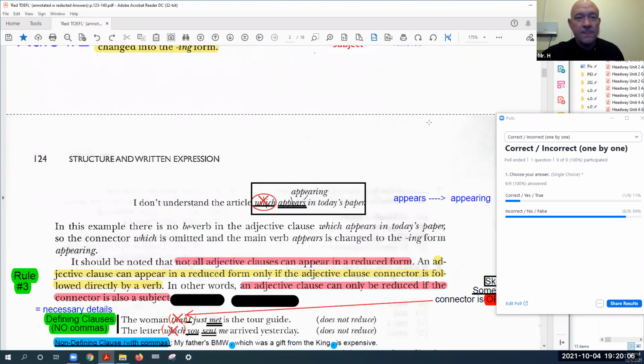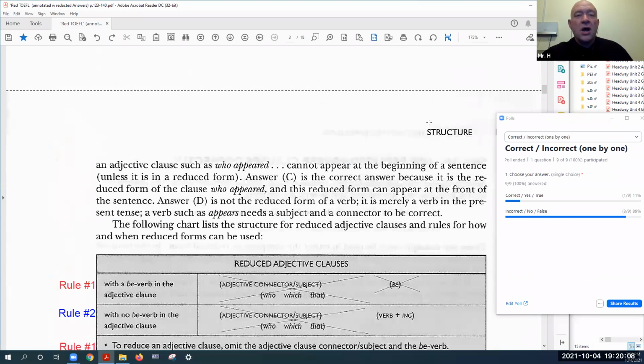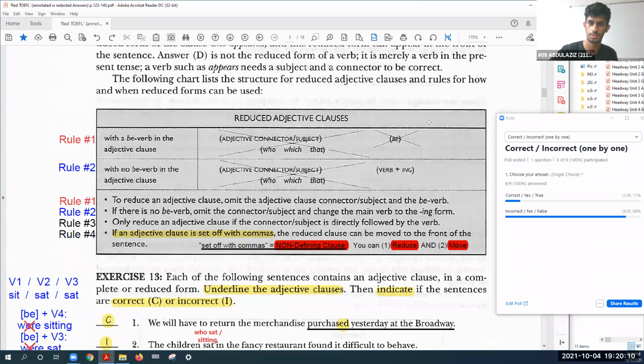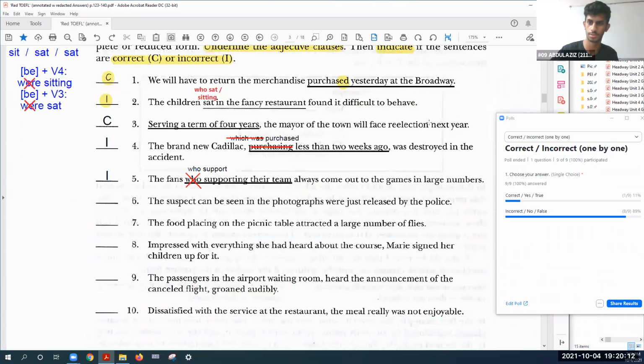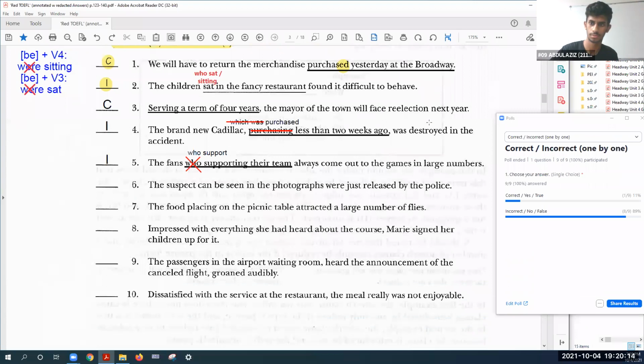Okay. All right. So, there is no comma. Right. There is no comma. So can I move it to the beginning? No, because there's no comma.